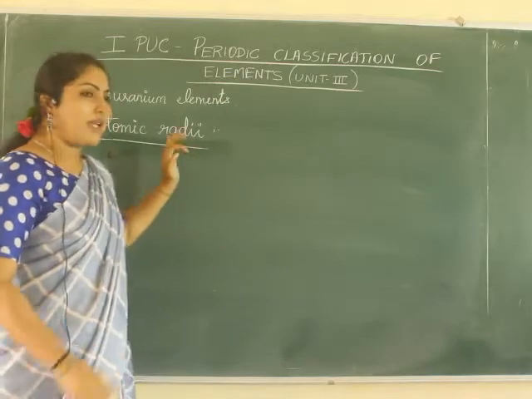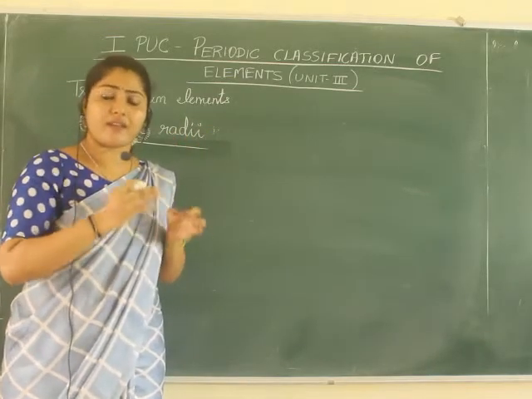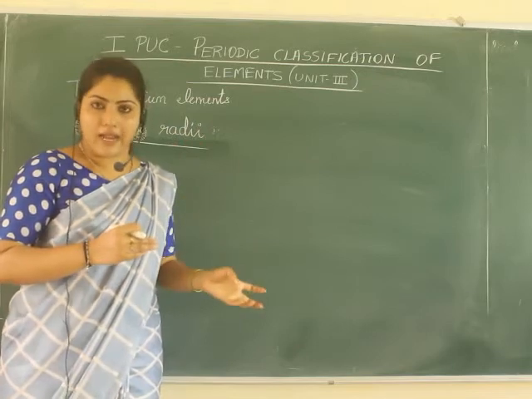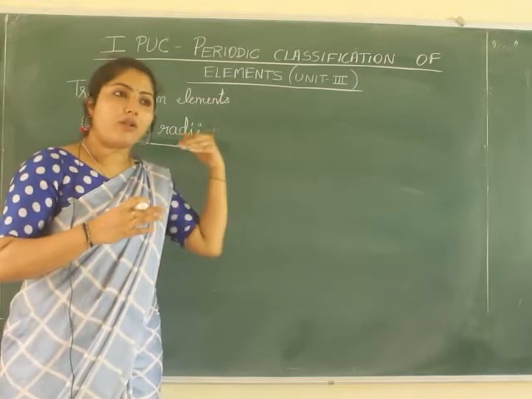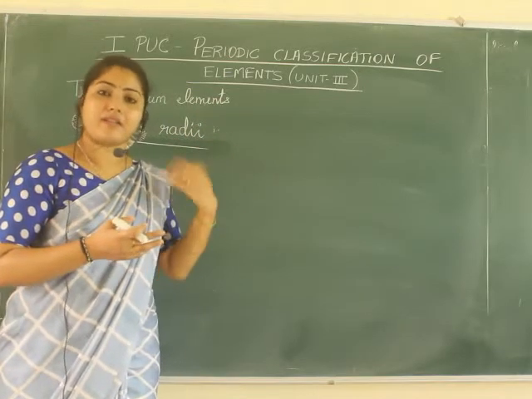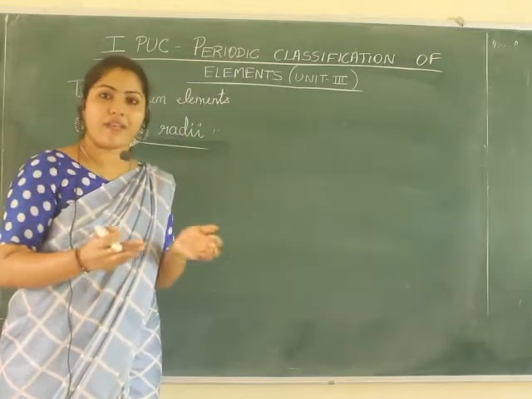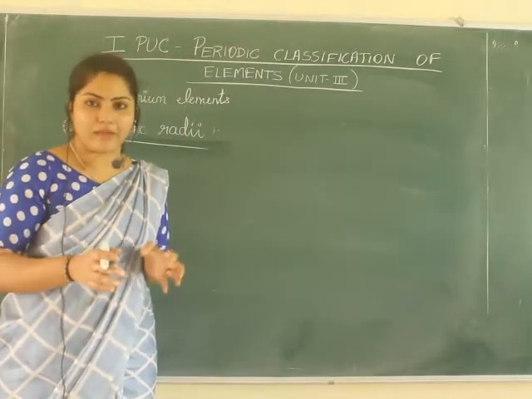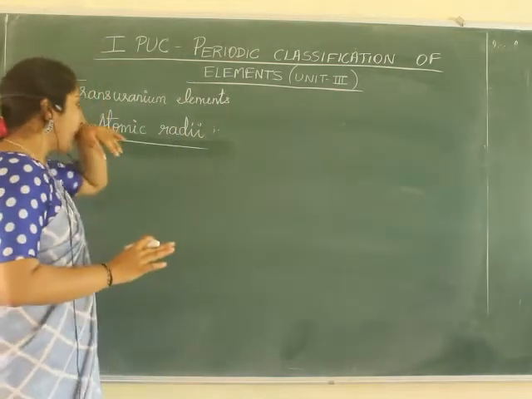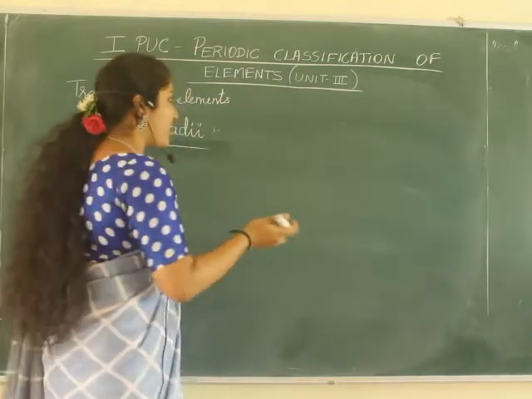In atomic radii, I was discussing what atomic radii is. In simpler words, it's just the radius of an atom. So we can call it covalent radius or metallic radius. Altogether, in simpler words, we say atomic radii.